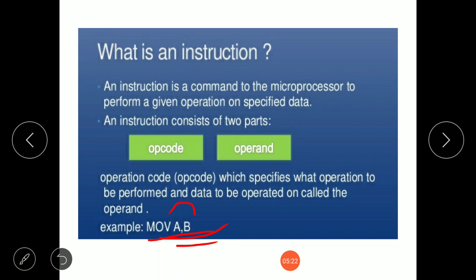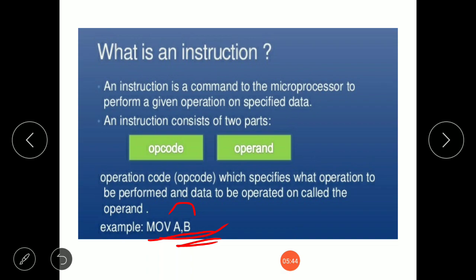This operand can be an 8-bit or 16-bit address, internal registers, or a memory location. Like in this instruction, the operand is the internal registers.